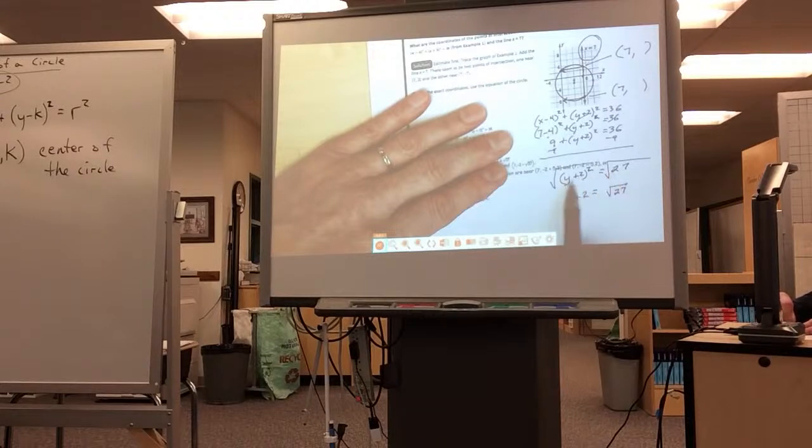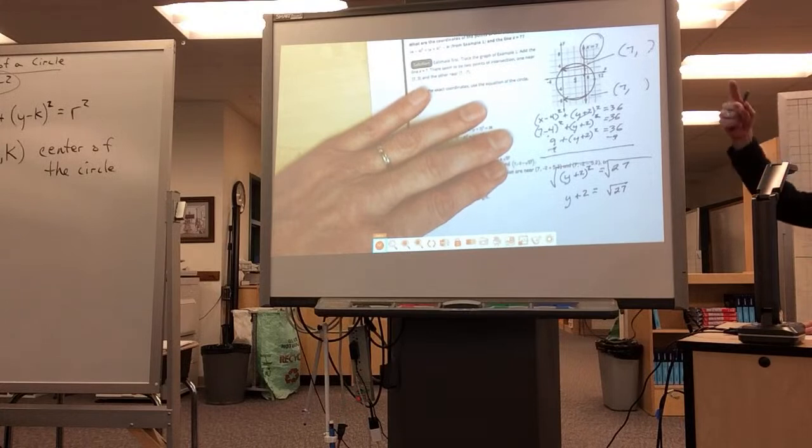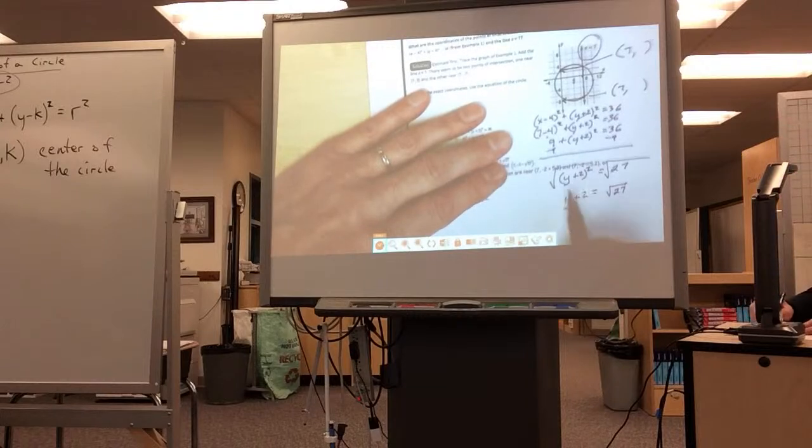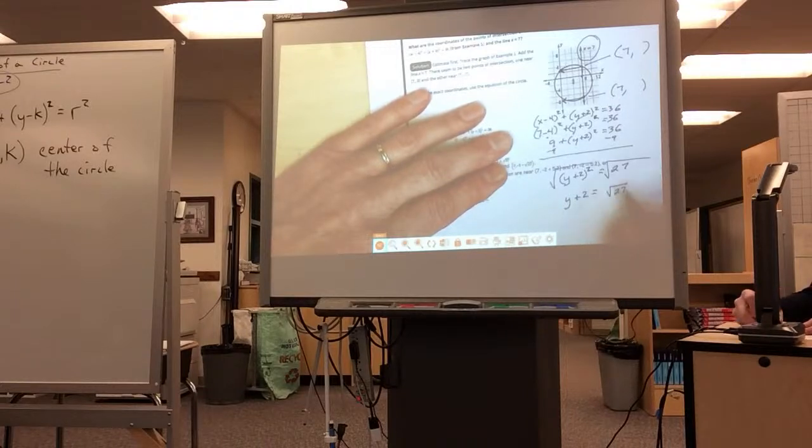But there's 2 things that you could square to get a 27. You could take a positive times a positive and get a 27, or you could take a negative number times a negative number and get a 27. So that means whatever is in here, this y plus 2, can show up as either a positive value or a negative value.